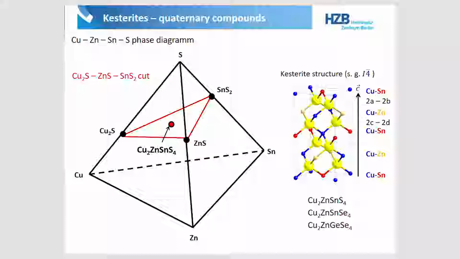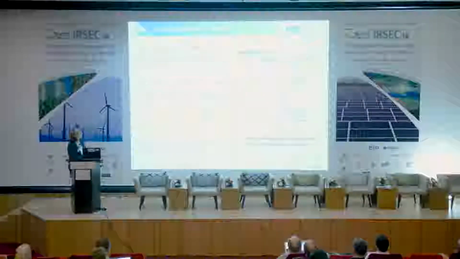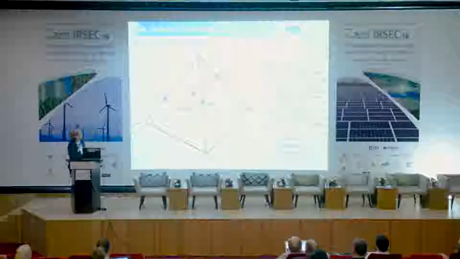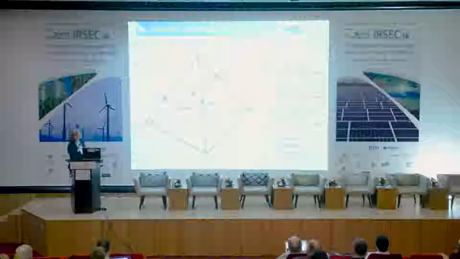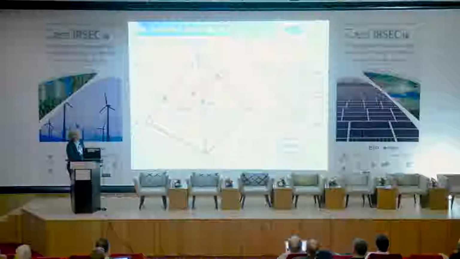And this is the Kesterite-type structure, which is known already. The name comes from the mineral Kesterite, because there the structure was determined for the first time. The mineral is copper, zinc, iron, tin sulfide, so it's a mixture of zinc and iron. The structure is tetragonal, and we have layers of copper and tin, copper and zinc, copper and tin, copper and zinc, and so on, perpendicular to the c direction.